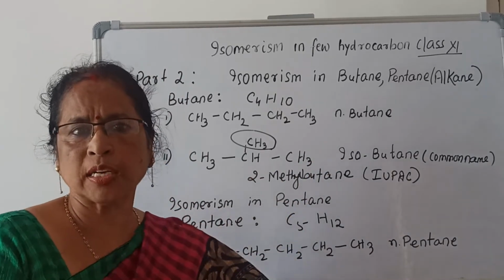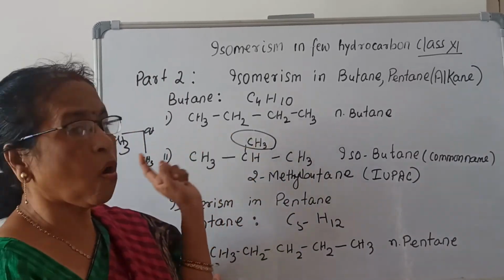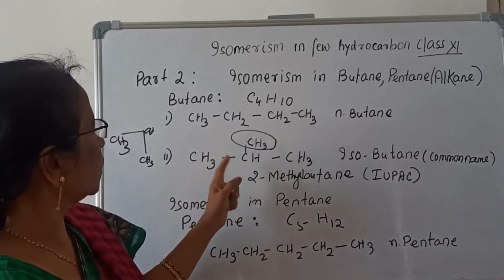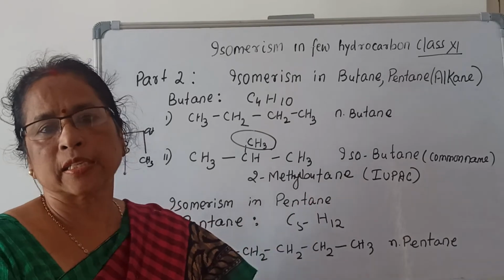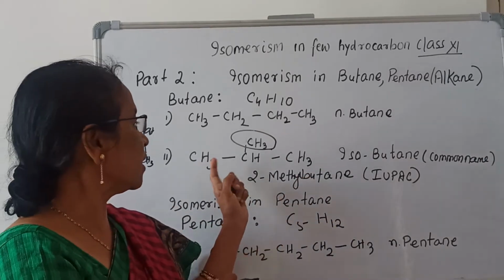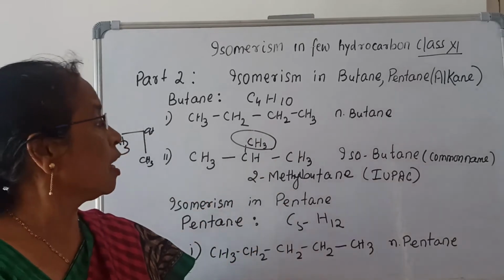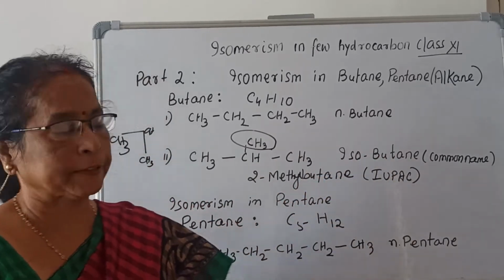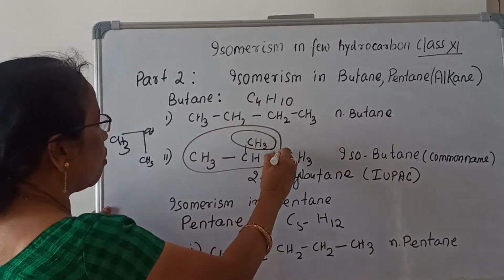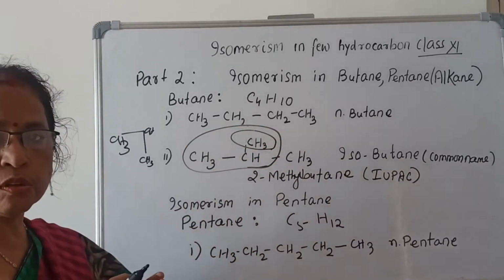When iso is used, you should count all the carbon atoms. Here 1, 2, 3, 4. That means it is isobut. But means 4 and iso means the CH3, CH3 connection, and it is called isobutane. So this is called the iso form.